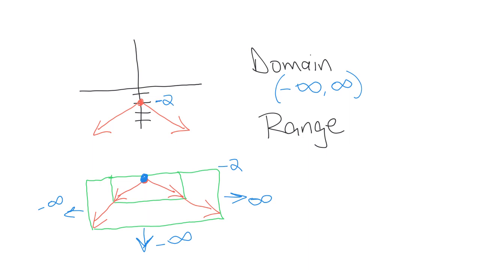It's not ever going to get any taller. So for our y values, the range, we're going to start at negative infinity. We're going to go all the way up to -2. We're going to actually hit -2. You can see that it's hitting, and so we're going to use a square bracket, but we don't have anything above that, and so we're going to stop right there.